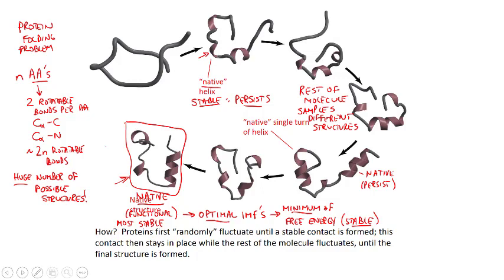So the problem gets easier as you go. As stable structures form, they tend to stay there, and only the rest of the molecule needs to alter. And finally, after a few cycles of rotating bonds and moving around under thermal energy, the protein is going to settle into its optimal lowest energy conformation.